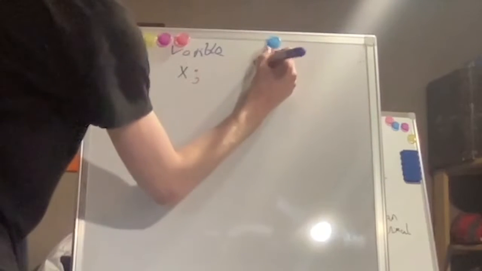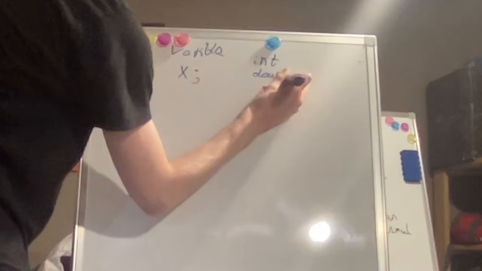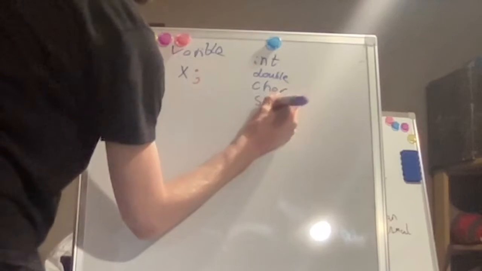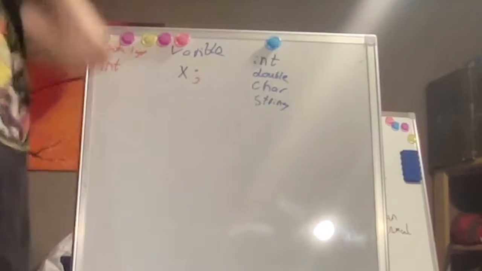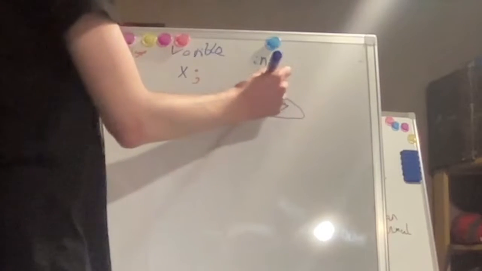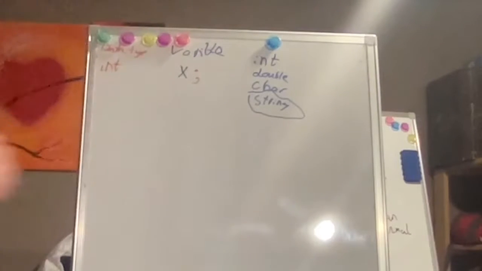So the data types we can use are int, double, char, and string. Now I'll warn you about string. In a lot of programs, I don't know which ones, you need to do another line of coding to make it so string is allowed. But int and char in most programming languages will be usable.